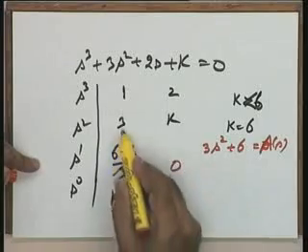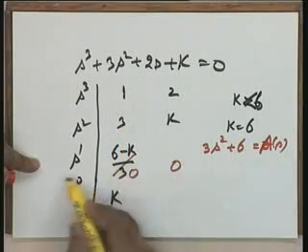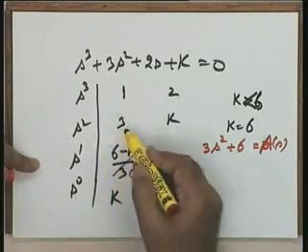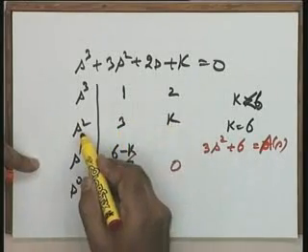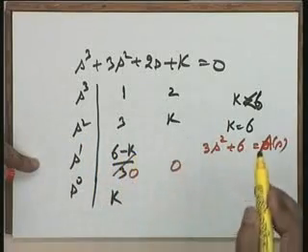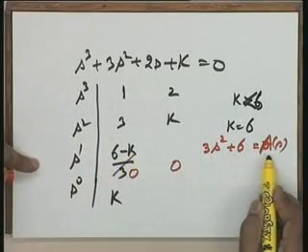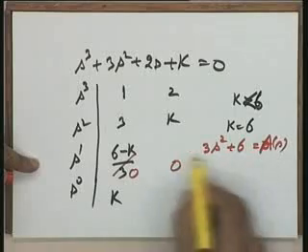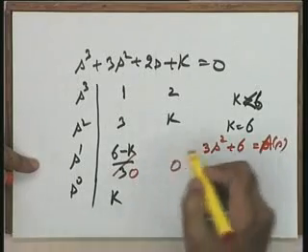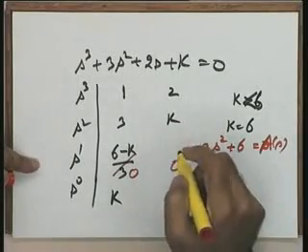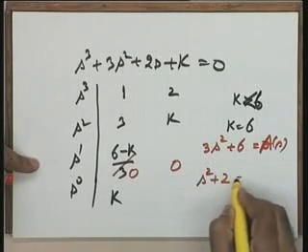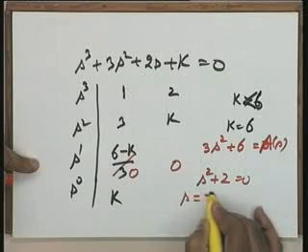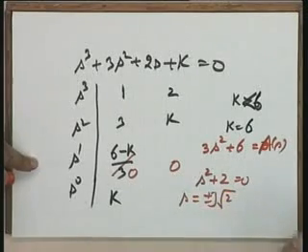Because k is equal to 6 gives you an all 0 row, you have to go to one previous row, and 3 into s squared, k into s to the power of 0, the even order of s, will give you this polynomial, and therefore the roots of this polynomial are the roots of the original characteristic equation. You find that the roots are s squared plus 2 equal to 0, or s is equal to plus minus j under root 2.